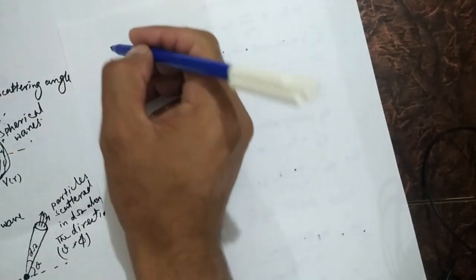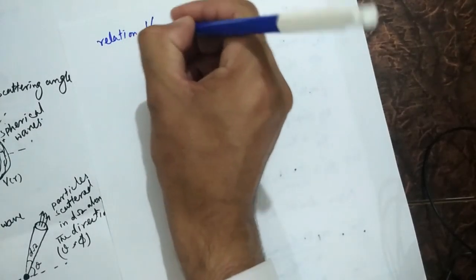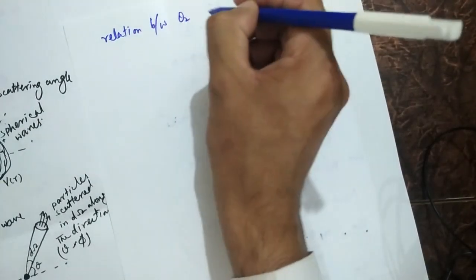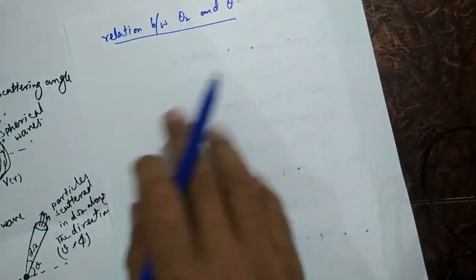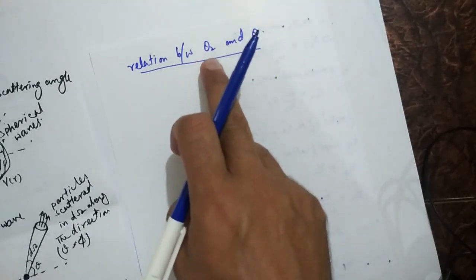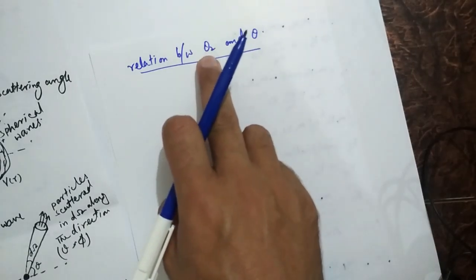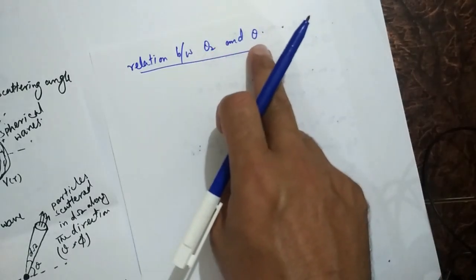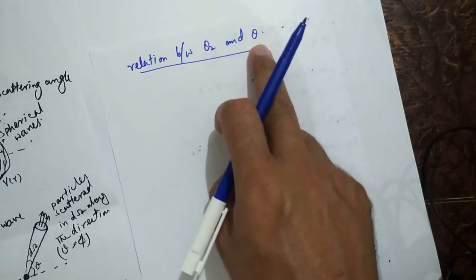So the relation between theta 2 and theta, where theta 2 is the scattering angle of the target in the lab reference frame, and theta is the scattering angle of the projectile in the center of mass reference frame.